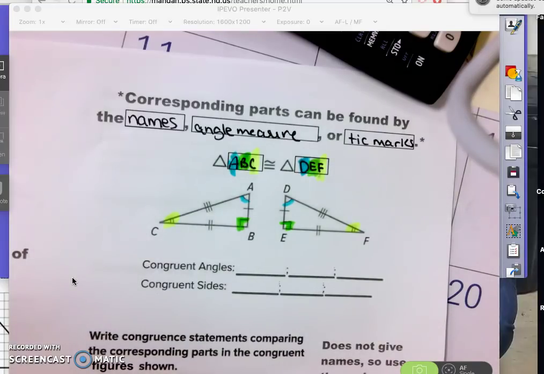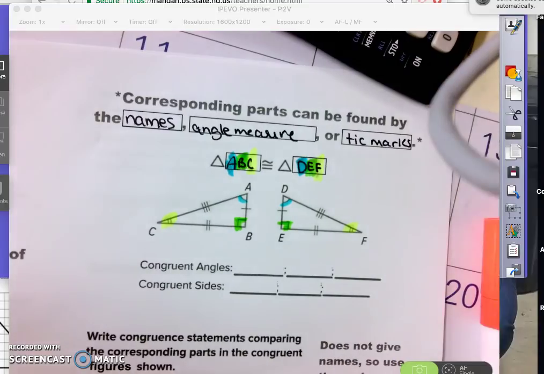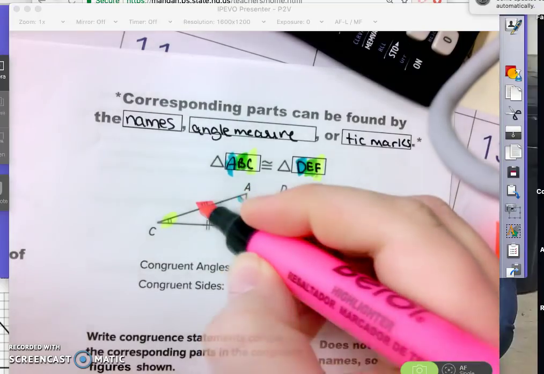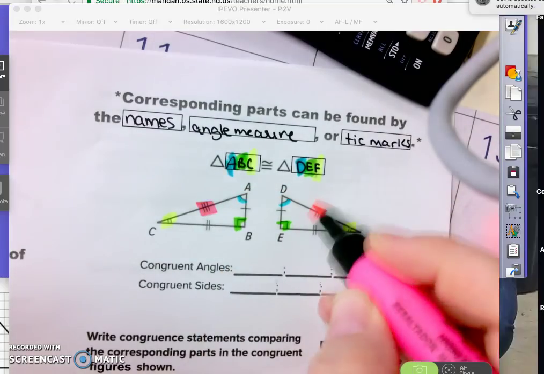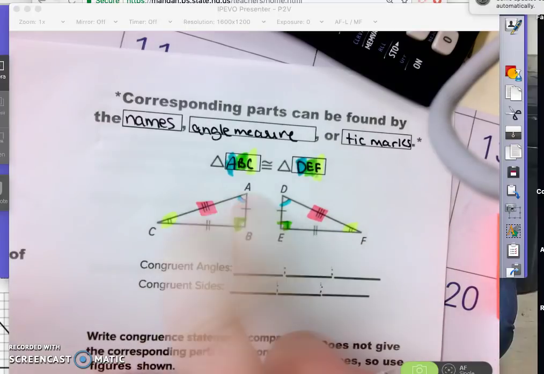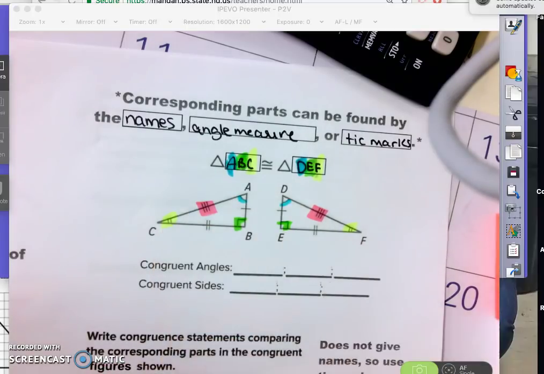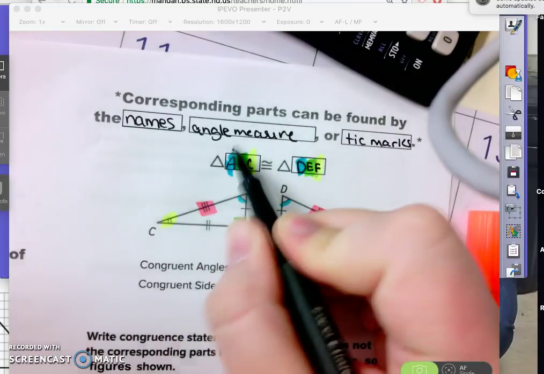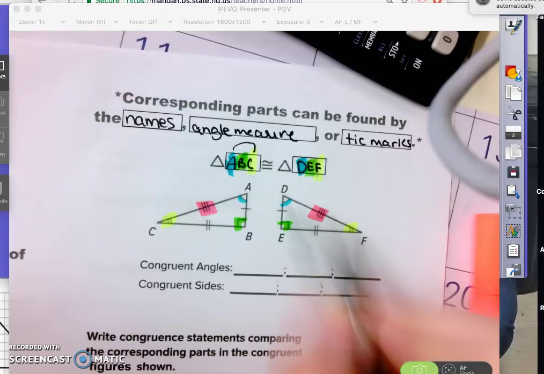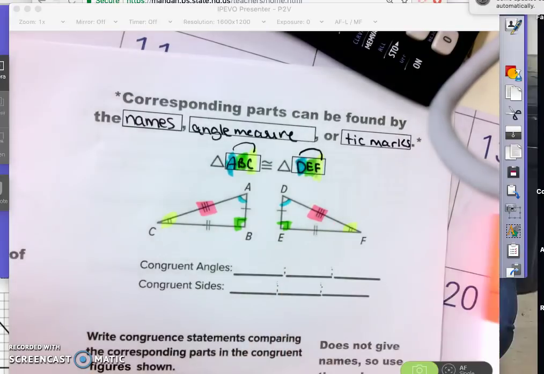Okay? Then I want to go to the side lengths. Here I have 3 tick marks, and there's 3 tick marks. That means those 2 are the same. And if I look, AC, A and C are the first and the last, and D and F are the first and last.